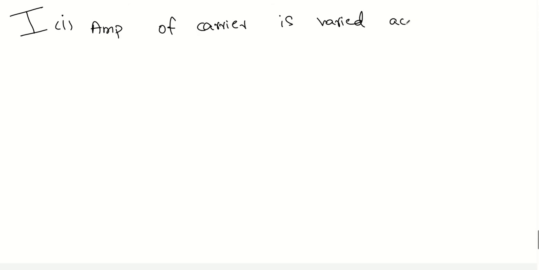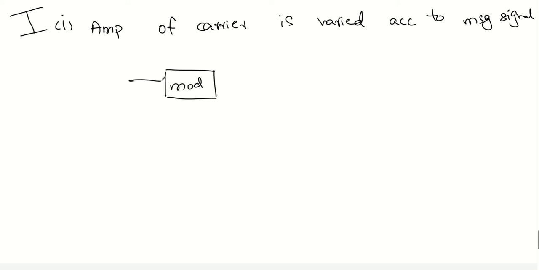So first, we have amplitude modulation. The definition of amplitude modulation is that the amplitude of the carrier is varied according to the message signal. So we have our modulator here.